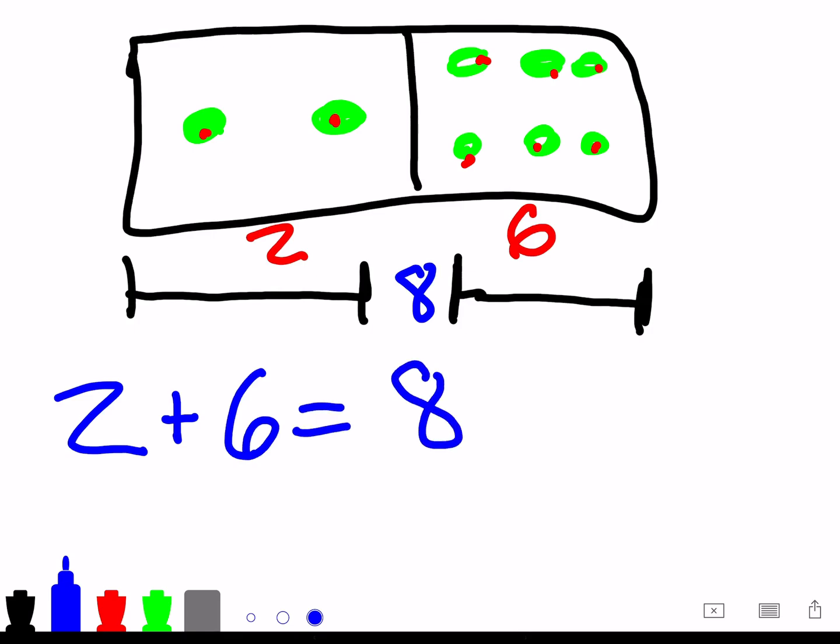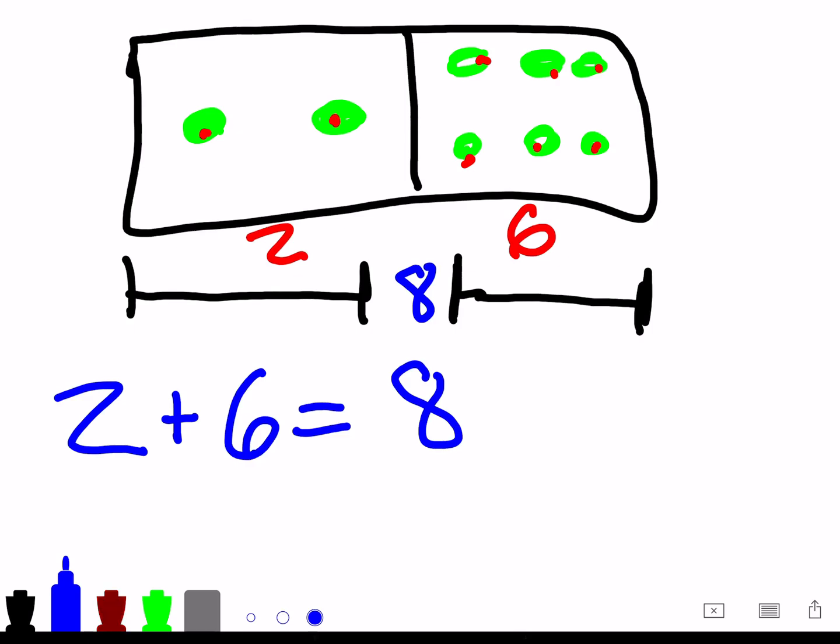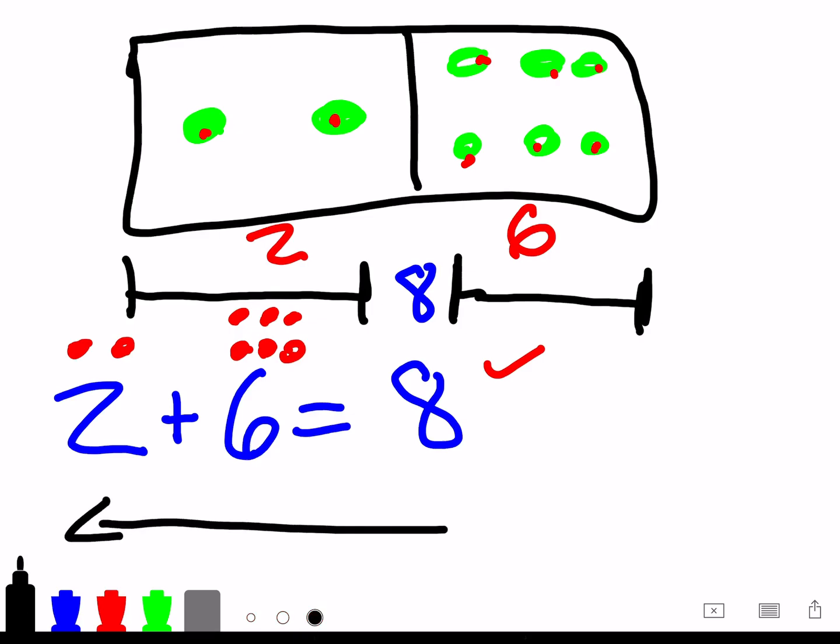And we can even use the number line to check ourselves, or we can use the dots. 1, 2, 3, 4, 5, 6, 7, 8. We have 8 dots to show that we did it correctly, or the number line.